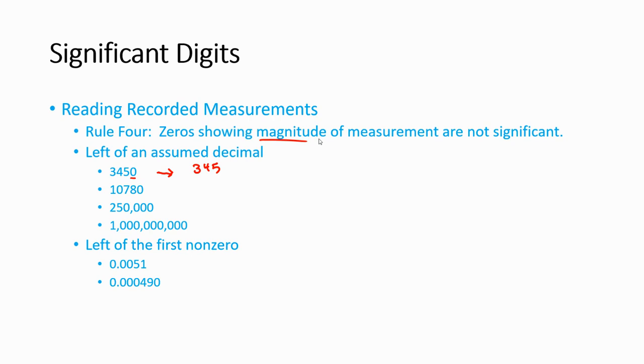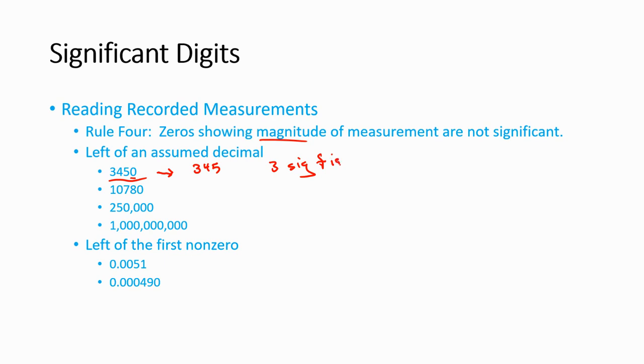They may just be placed there to show us where the decimal is. And so zeros like that are not considered to be measured digits and therefore are not considered to be significant digits. 3,450 only has 3 significant digits.